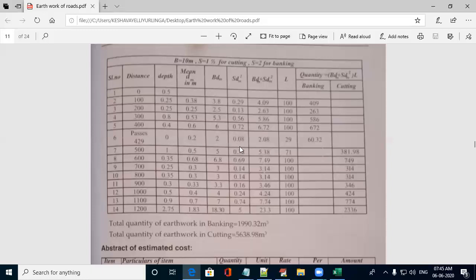After that, the S value should be 1.5. Cutting. That's why I suggest you write negative here, just to indicate that it is cutting, and don't consider it as minus. It is not actually minus, it is just an indication of cutting.